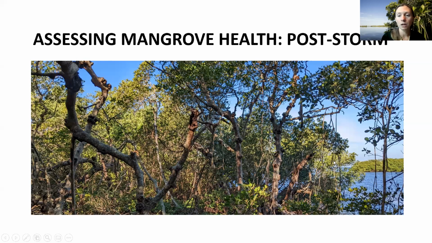What I'm going to talk about is a brief overview of how we can use a few key indicators to help us plan for what kind of restoration might be necessary in different areas. A lot of this is based off a really good document that I will send out to everyone in a follow-up email. The Nature Conservancy put together a great mangrove damage assessment toolkit based on a lot of research from many different institutions, and I'll be sharing that with you as well.